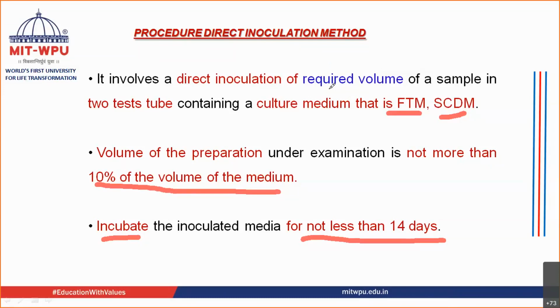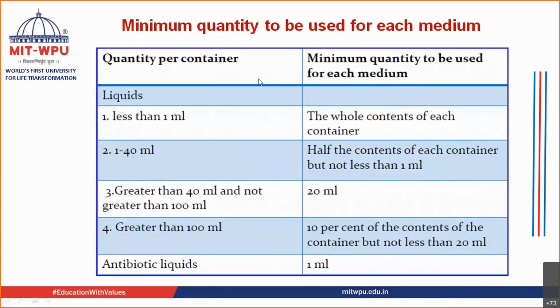Now we have talked about how you have to inoculate the required volume. So what is this required volume? The minimum quantity to be used in each medium: how much volume do you have to use? If it is liquid and the container is of 1 ml or less than 1 ml, then you have to put the whole content of each container.